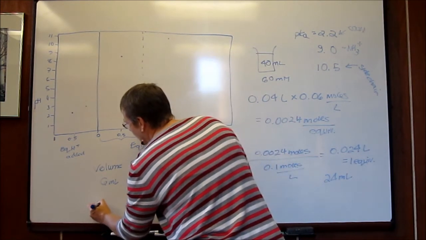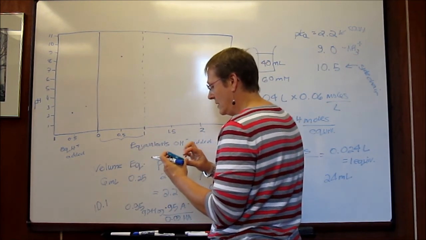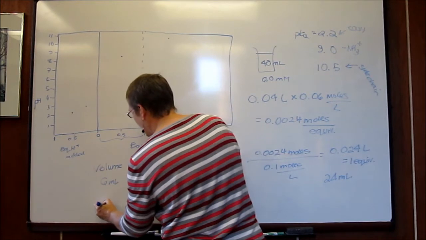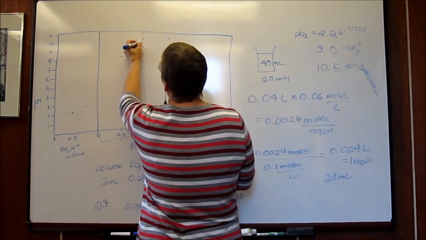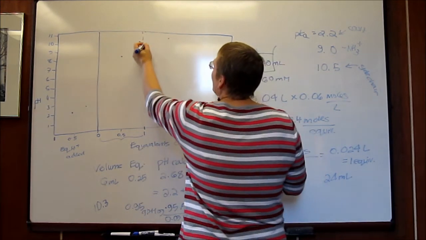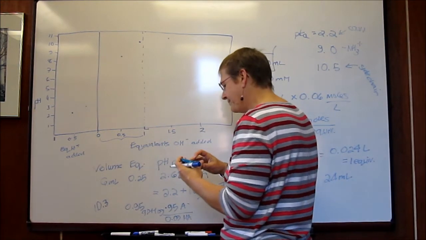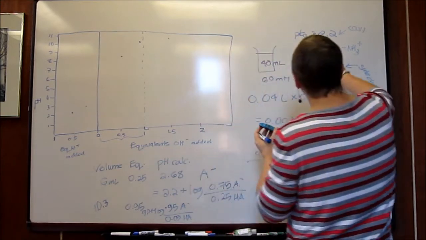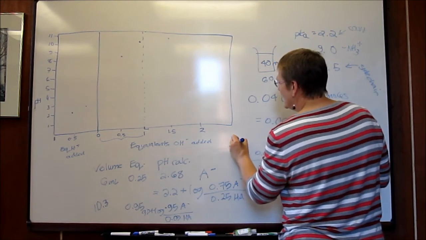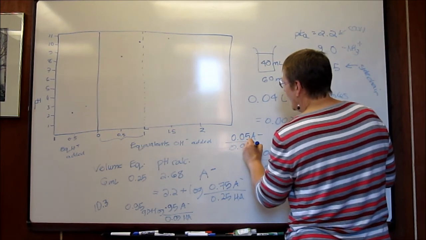I feel like that's wrong, but I'm going to check it. 0.95 divided by 0.05. Yeah, that is wrong. It's actually 10.3. I get a value of 10.3. So I can actually plug this in up here at 0.95. Problem is, if you then go and do 0.05 equivalents of the next pKa, you can say, okay, this next group was fully protonated when I started, and so now I've only got 0.05 A minuses and 0.95 HAs.